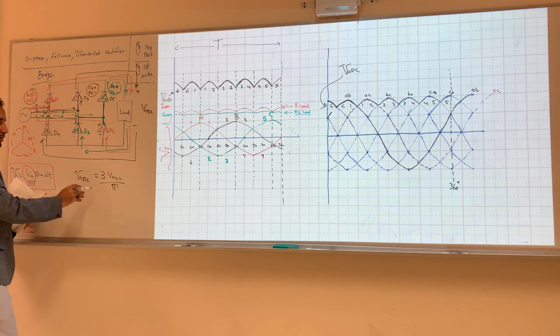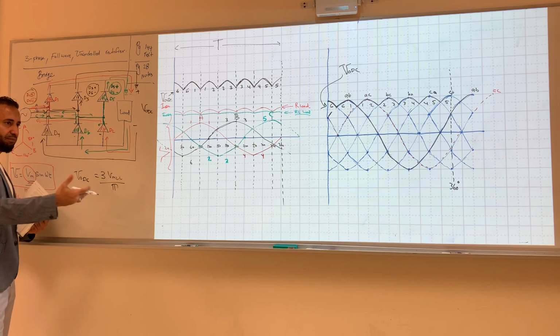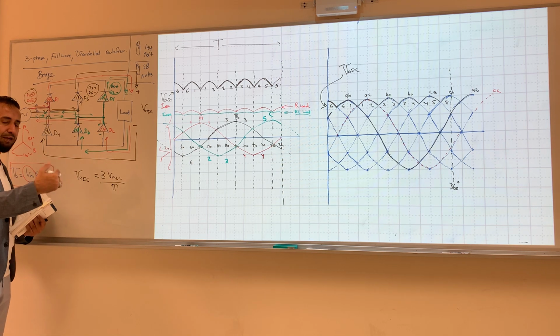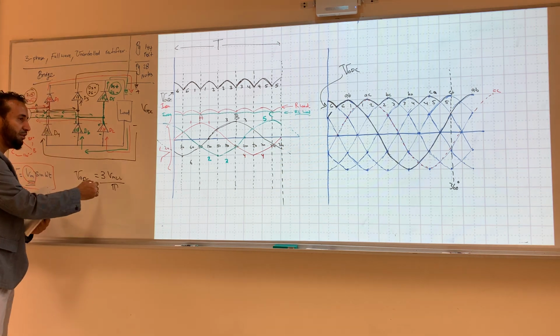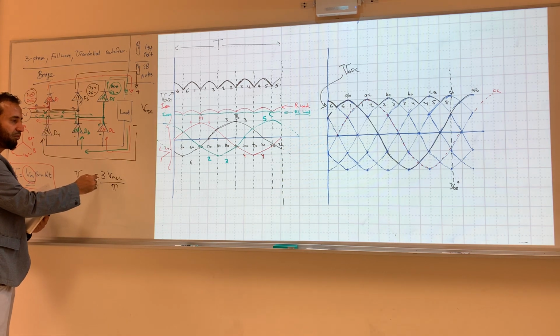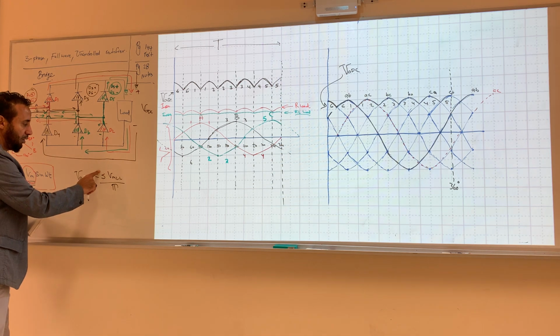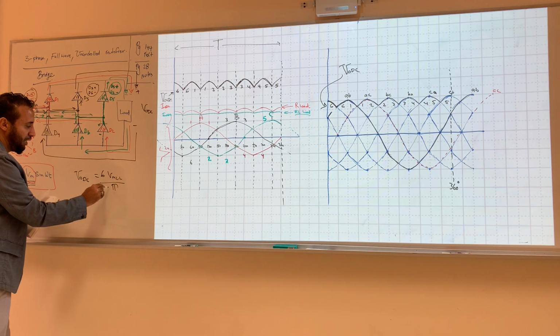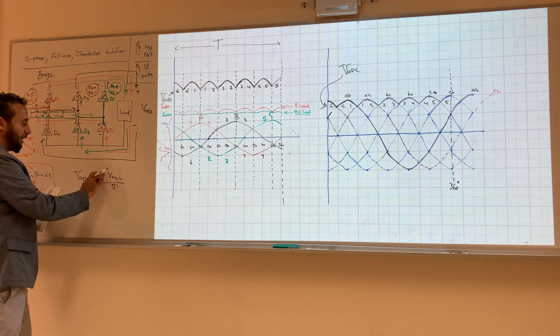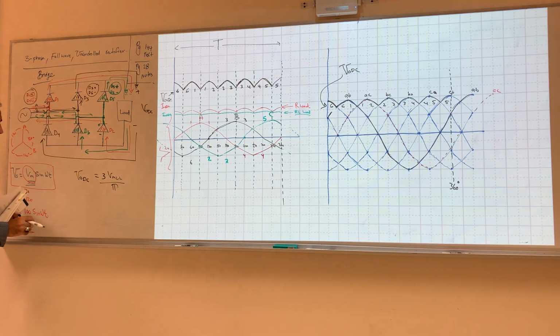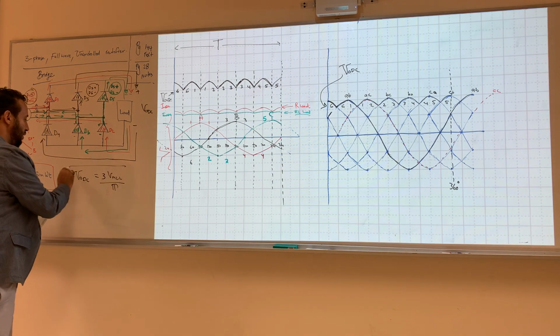We derive this from the previous one, which is 3 times square root of 3 V max line to neutral divided by 2 pi. It should be 6 diodes, and here 2 pi, so we cancel the 2 with the 6 and we get 3. Of course the connection here is line to line, no neutral connected. That's why we have this equation.